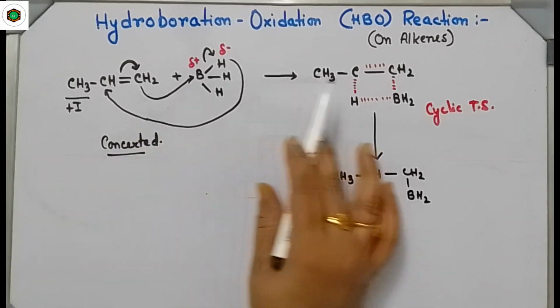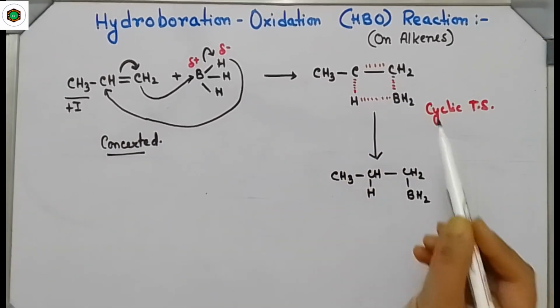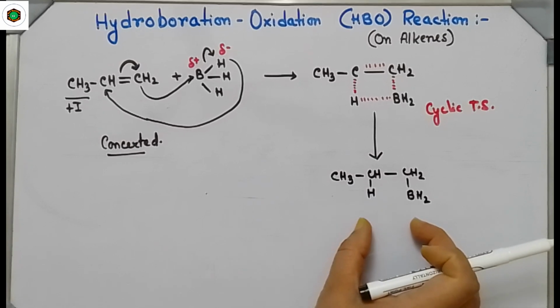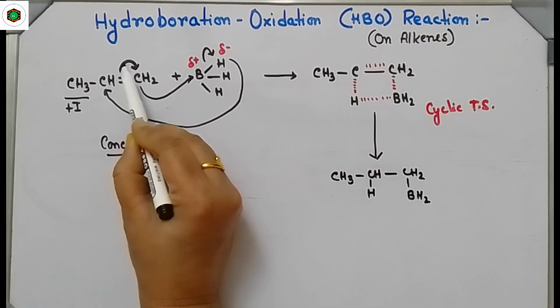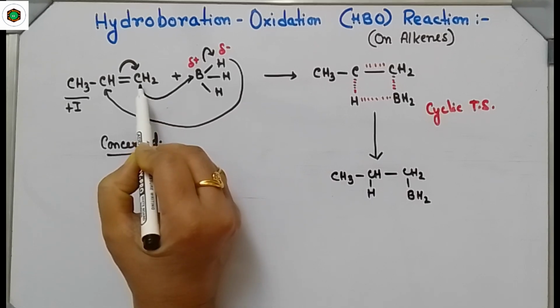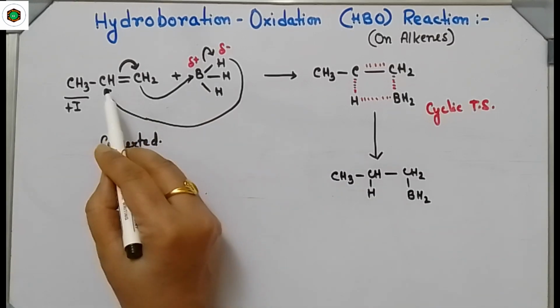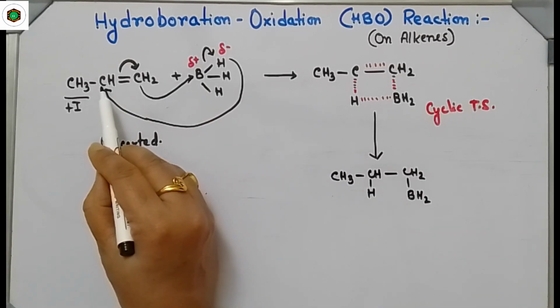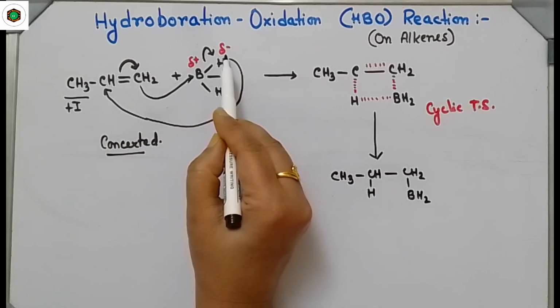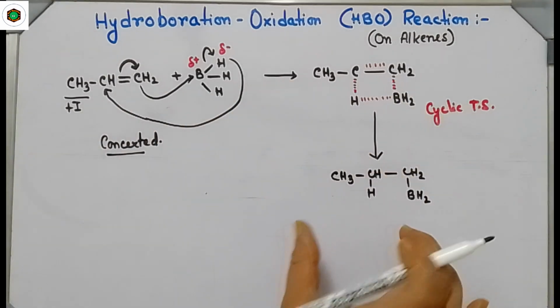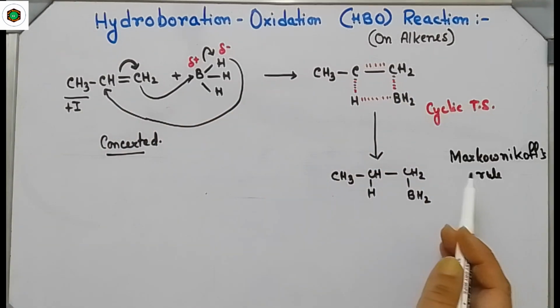So the reaction takes place via this cyclic transition state, and we get this hydroboration product. Since the bond is breaking in this direction, this carbon has a partial negative charge. So the partial positive boron attaches here, and since this carbon has a partial positive charge, the H minus adds here. So here addition takes place according to Markovnikov's rule only.